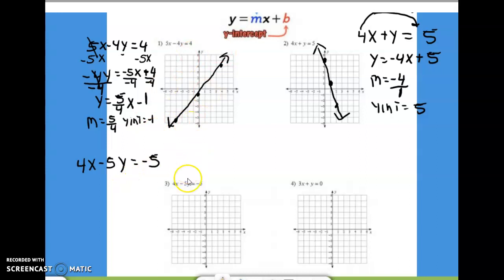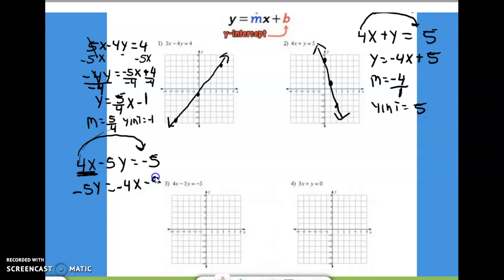This is probably the more precise way of doing it. All right, so let's start with the 4x. We're moving it over to the other side, right? So if it's positive here, when we move it over, we have to subtract it. So when I move it over to the equal sign, it's going to become negative 4x, right?